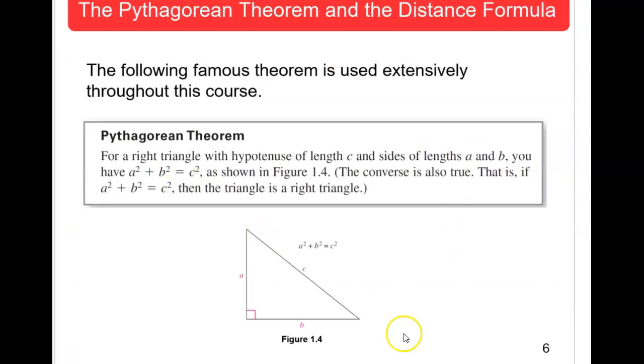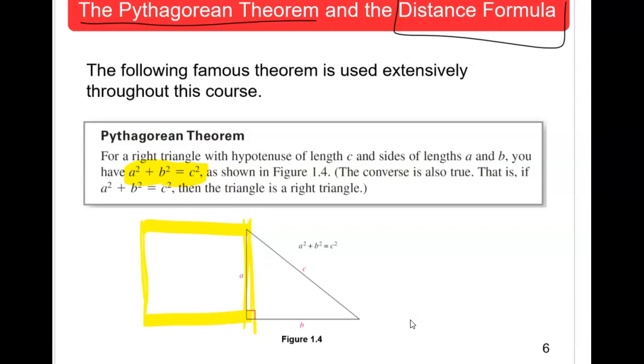So now what we're going to do is move on to the next objective, which is the distance formula. But before that, we're going to go over the Pythagorean theorem, which is defined as a squared plus b squared equals c squared. And so if you look at, this will be a, and if you were to form a square of that dimension a, remember squares have all the sides equal.